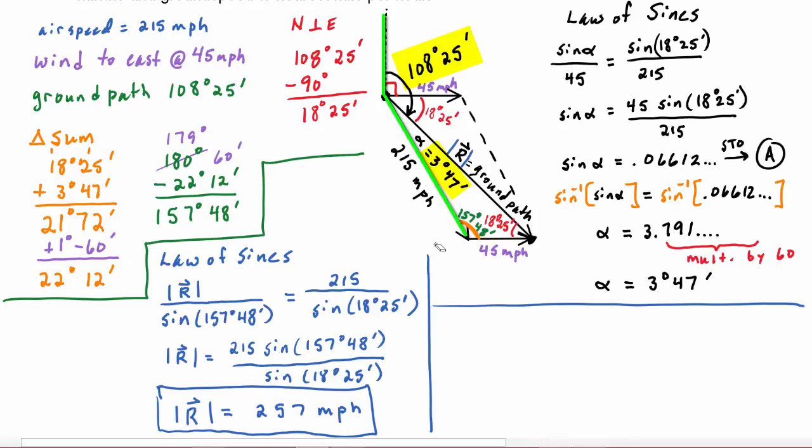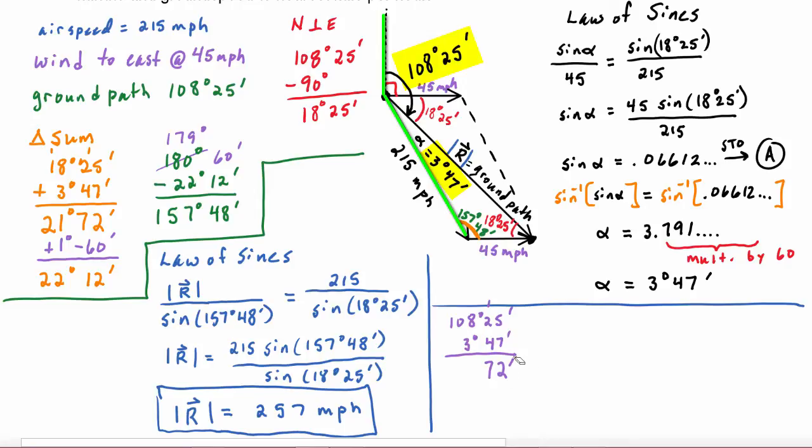So let's add those two. We have 108 degrees 25 minutes that we're going to add 3 degrees 47 minutes. 5 and 7 is 12. We get 7. So there's 72 minutes.